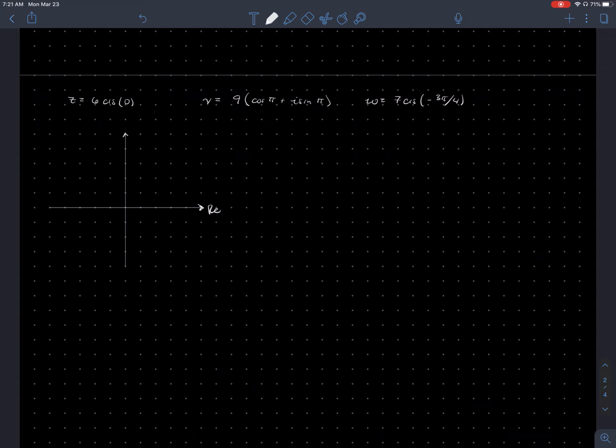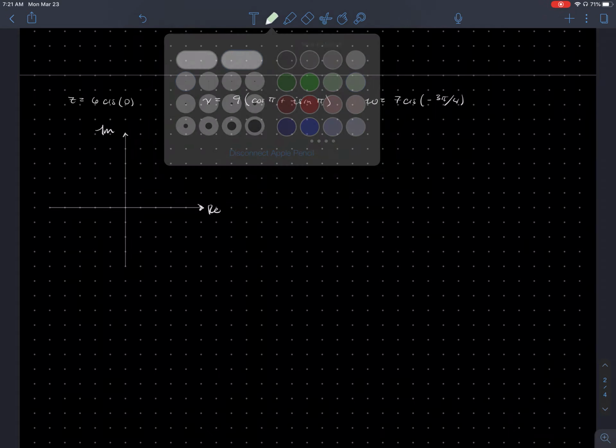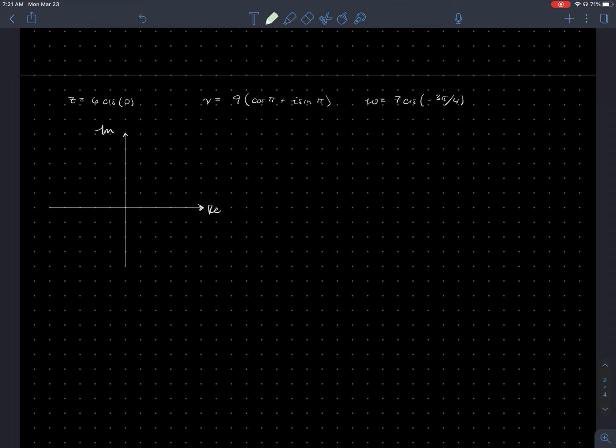So there's our real axis, there's our imaginary axis. Okay, this first one, we extend out by 6, and then we have 0 rotation. So right there, that is our complex number z.